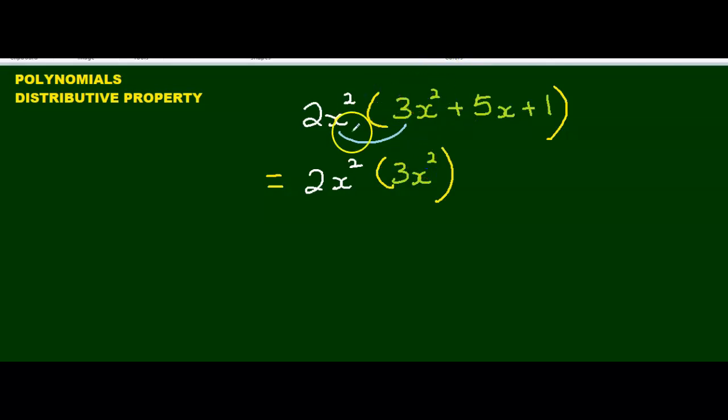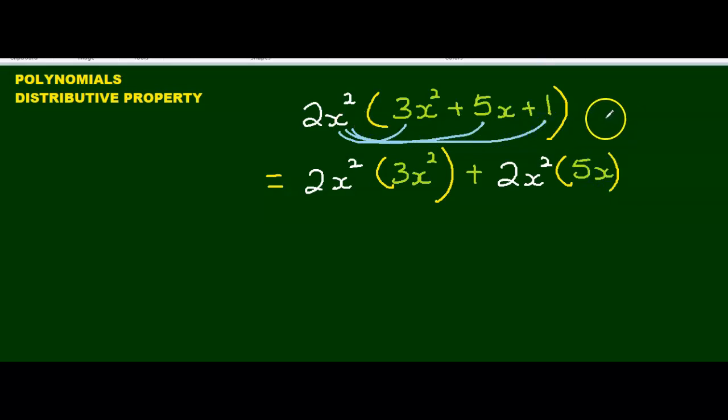Then we look at our next term, which is 2x squared times 5x. And then we're going to multiply the last term with my 2x squared, so I'm going to get 2x squared times 1.